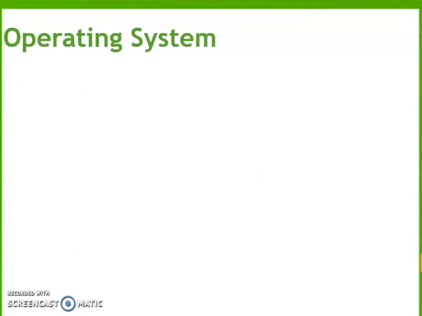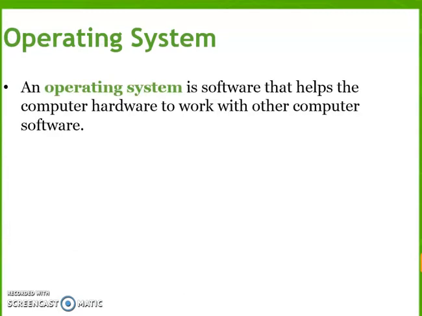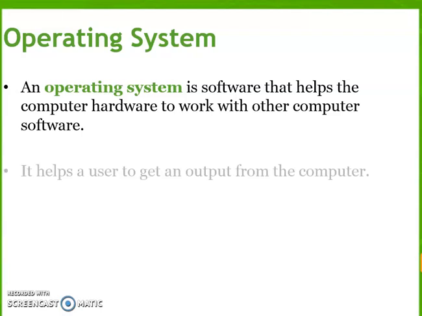Then moving towards the operating system. So, the operating system, as we already talked about it, is software that helps the computer hardware, meaning your CPU, your monitor, to work with the other computer software. It is the way to communicate between the hardware and the user.